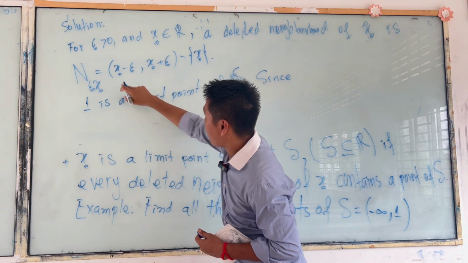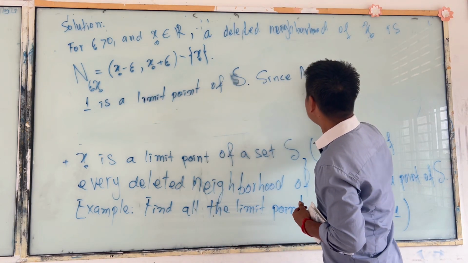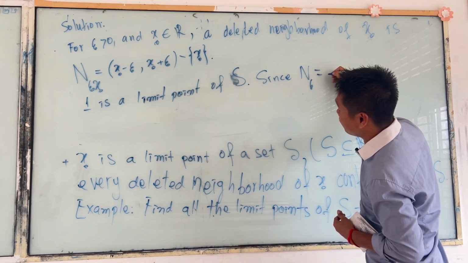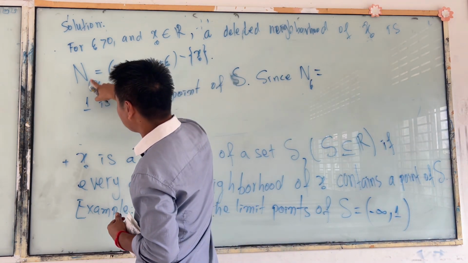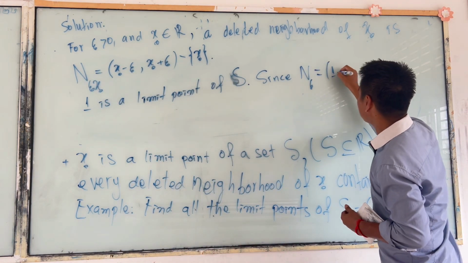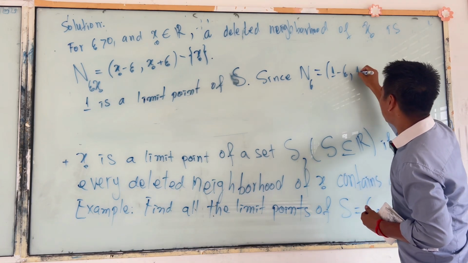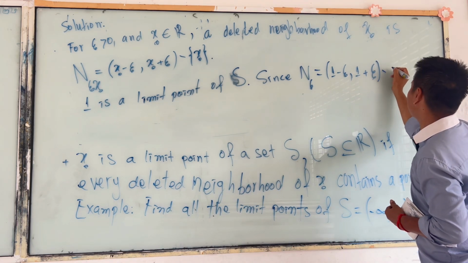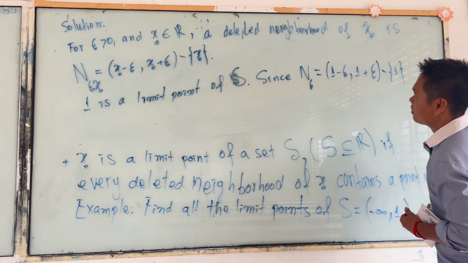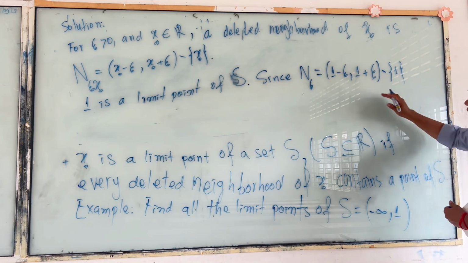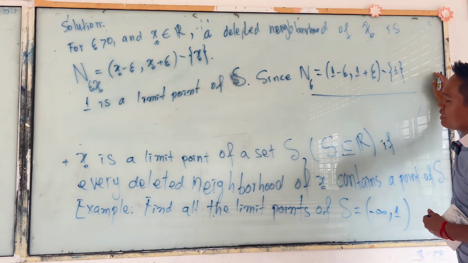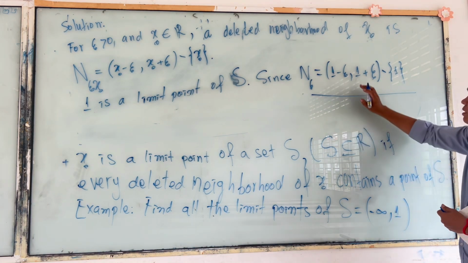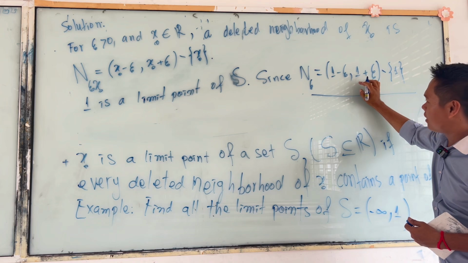You just replace x0 by 1. Here you get N epsilon equal to (1 minus epsilon, 1 plus epsilon), and you just subtract the set {1}. This N epsilon contains many points of S, because it's also a subset of the real numbers.